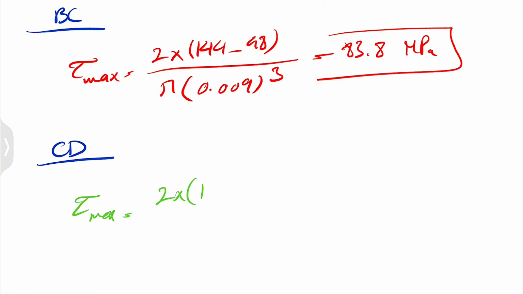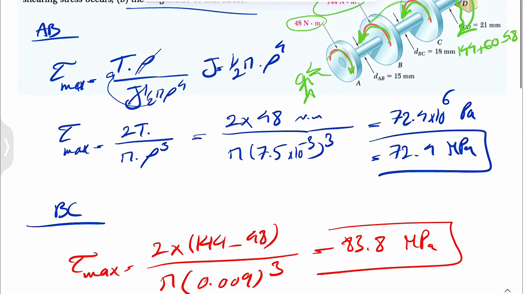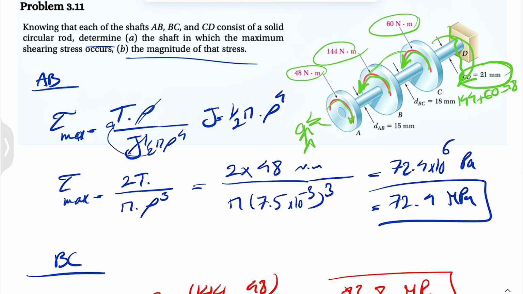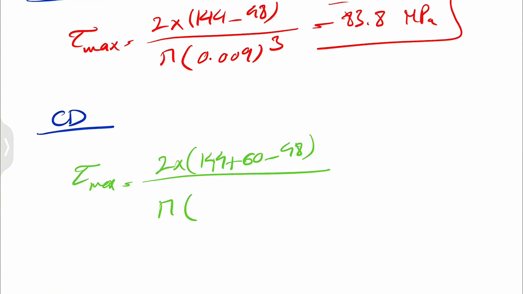So 2 times (144 plus 60 minus 48) over pi. And I think we have a different diameter too. Yeah, so our diameter is 21 millimeters. So 21 divided by 2, which is going to be 10.5 times 10 to the minus 3, all to the power of 3. Let's see what we get for this one.